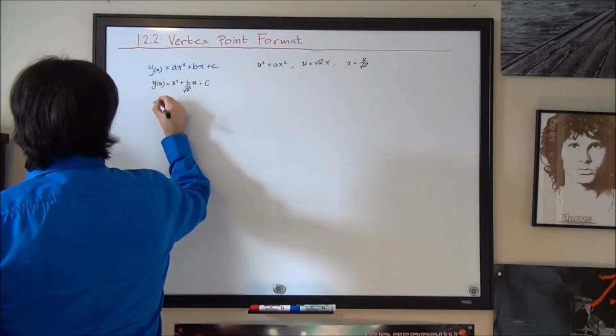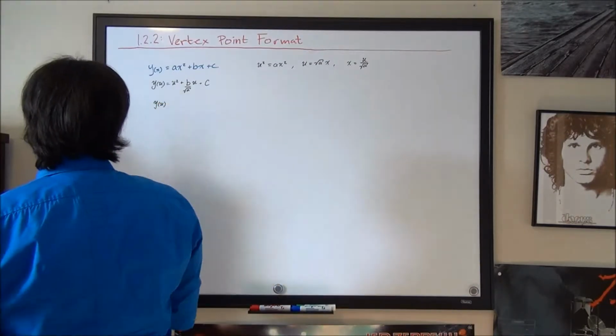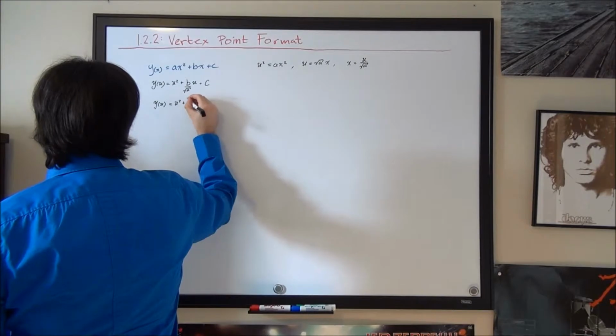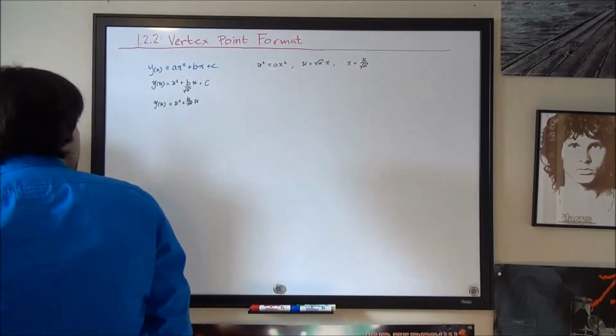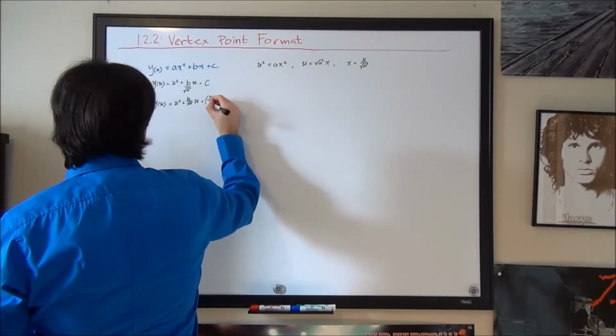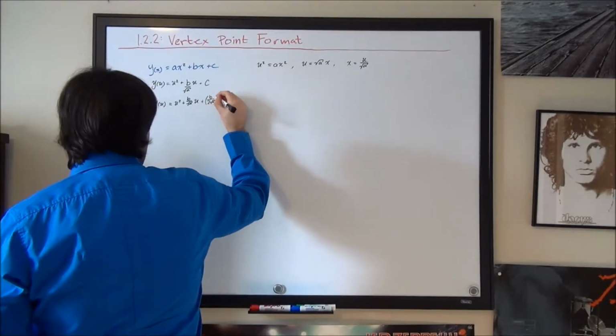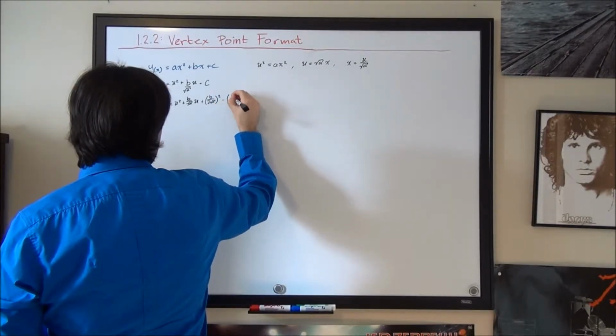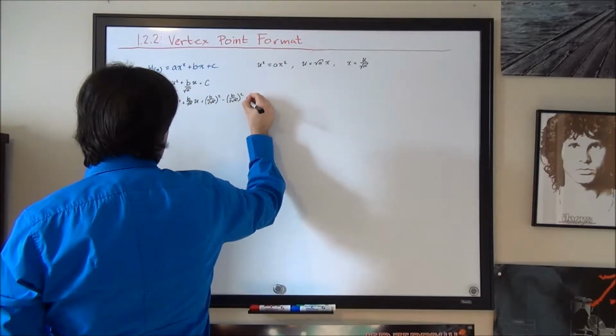So we'll write y expressed as a function of u equal to u squared plus b over root a times u plus (b over 2 root a) squared minus (b over 2 root a) squared plus c.